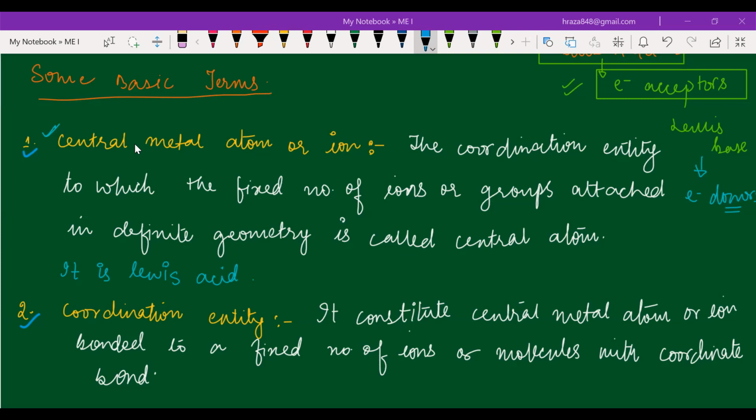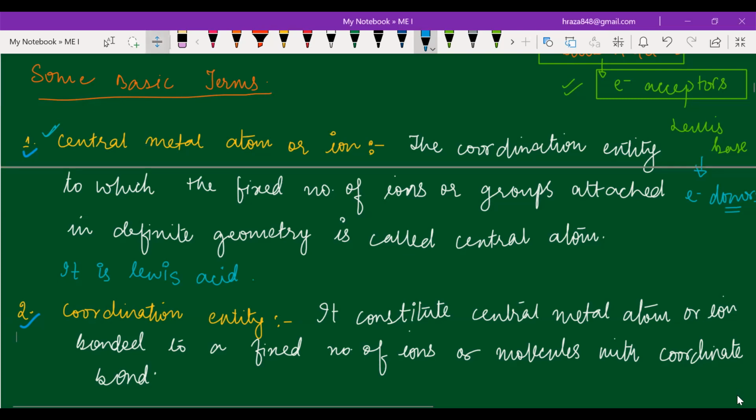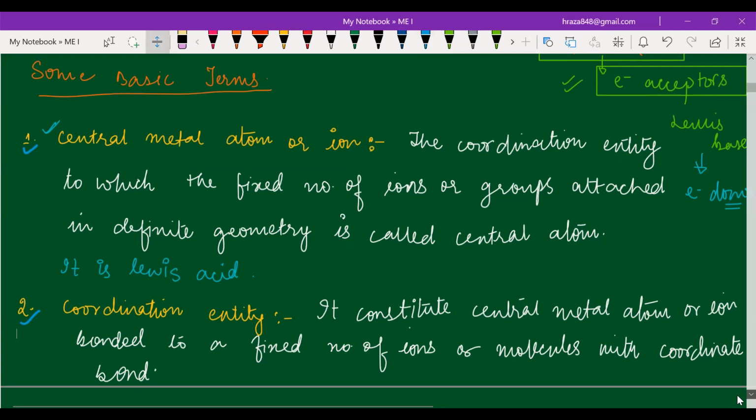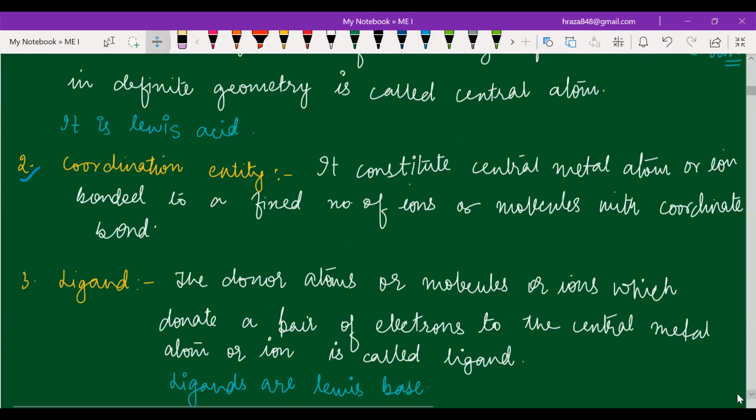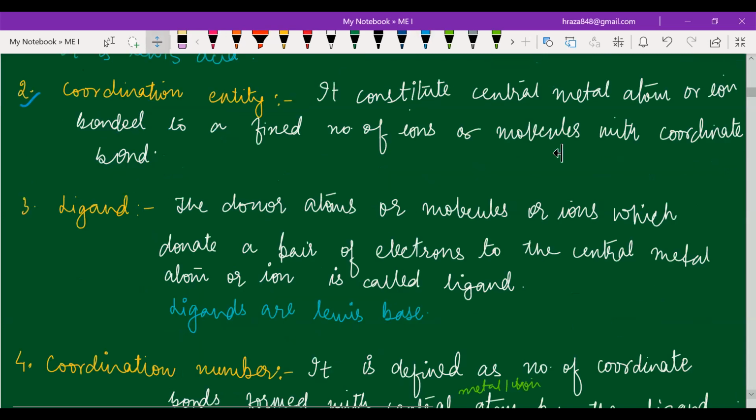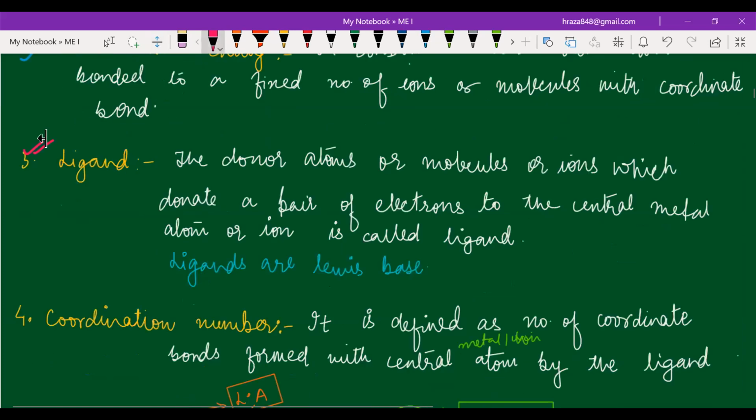Done, sir. So coordination entity, up to coordination entity, done. Now come to this ligand, and also write the coordination number as well. Have you done this ligand? No, sir, wait.